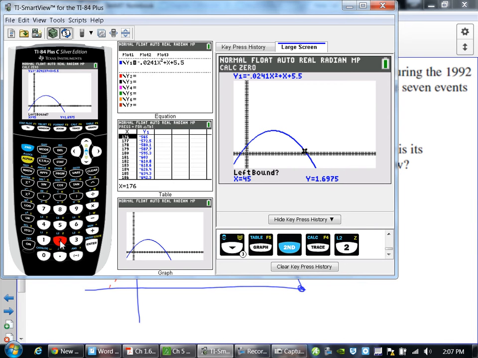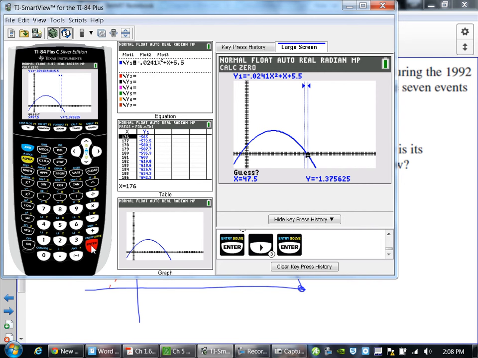Right now I'm looking at the right side of the curve where it's crossing over. My left boundary is going to be above the axis and my right boundary below it. So I need to put my cursor on some value where y is positive, and then pick a value where y is negative. Does that make sense?